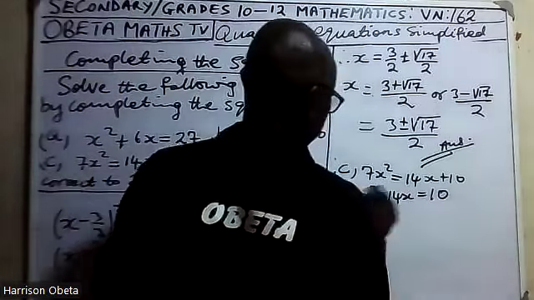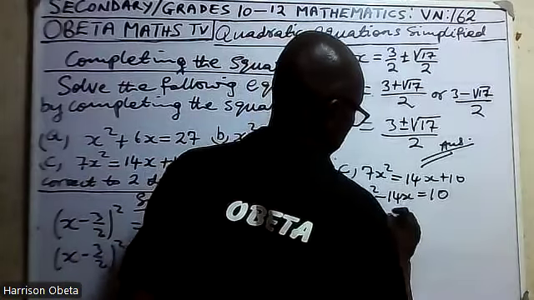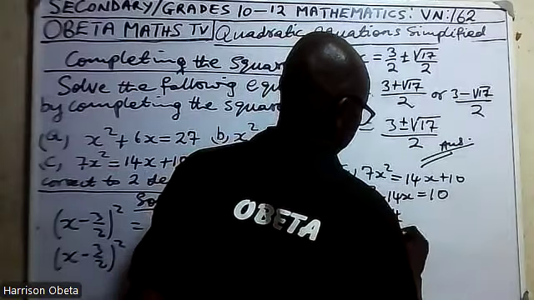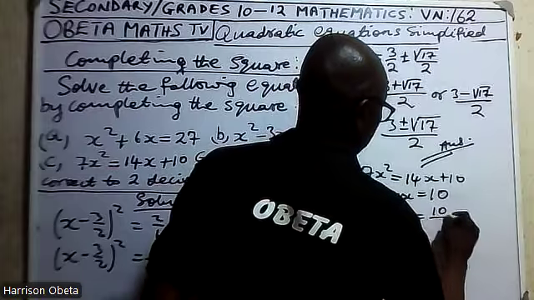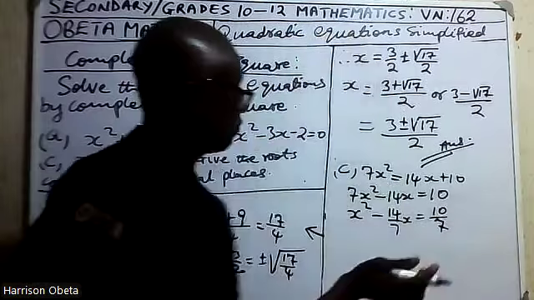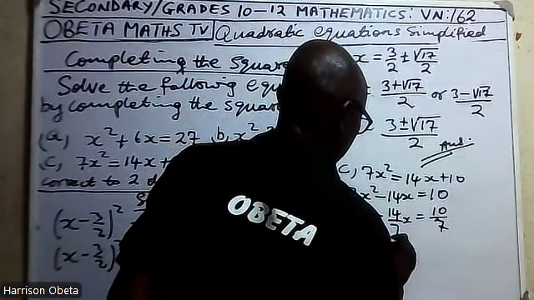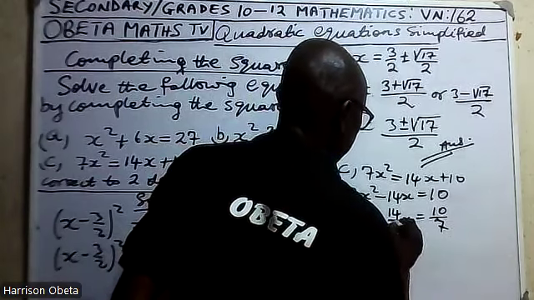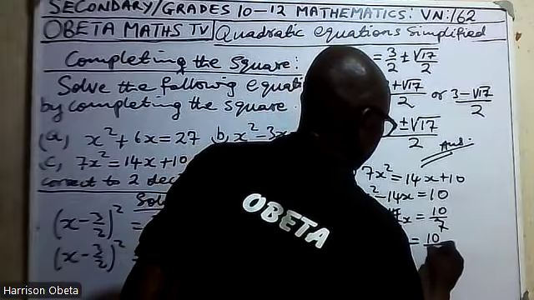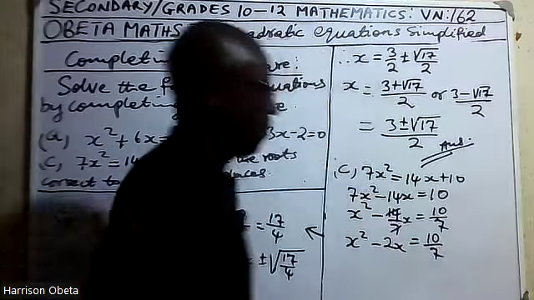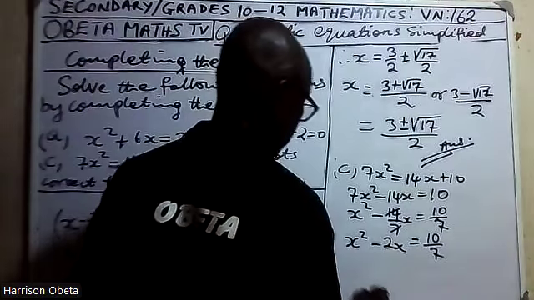And that means that we have x squared minus 14 over 7 x equal to 10 over 7. That's dividing everything by 7. And that will give us x squared minus 2x equal to 10 over 7. And moving on, you now talk of completing the square.